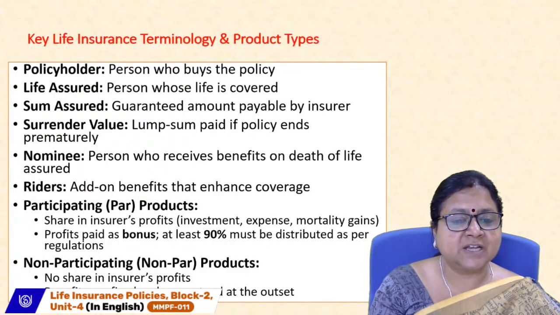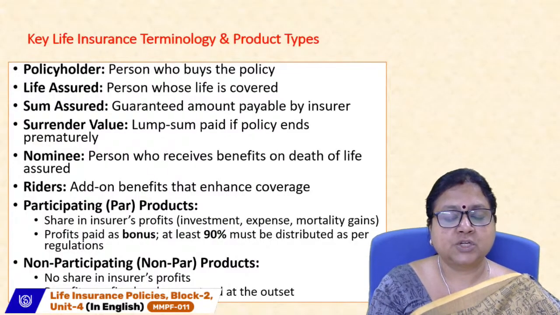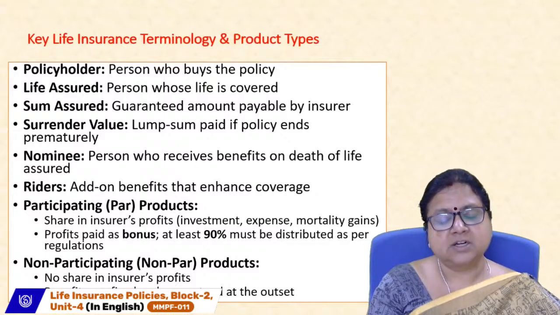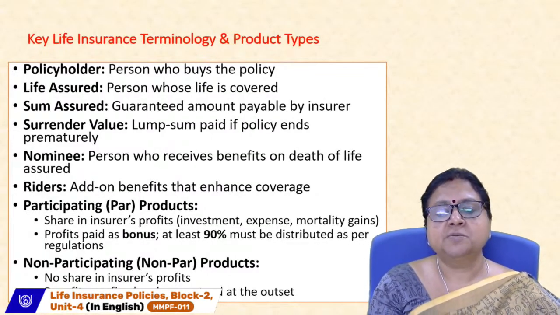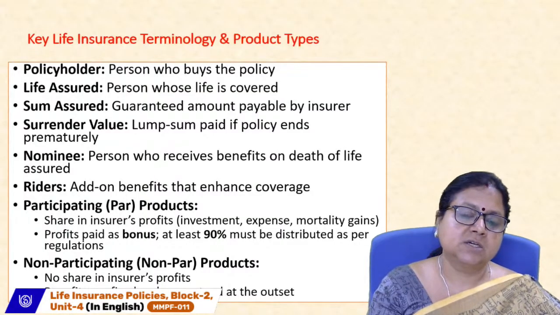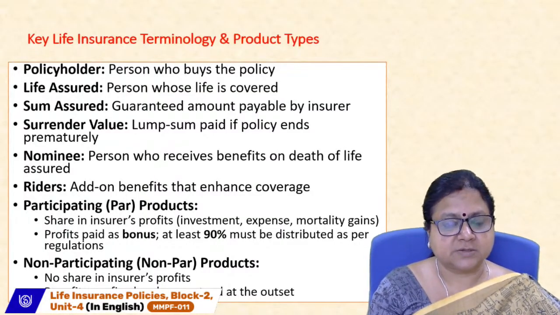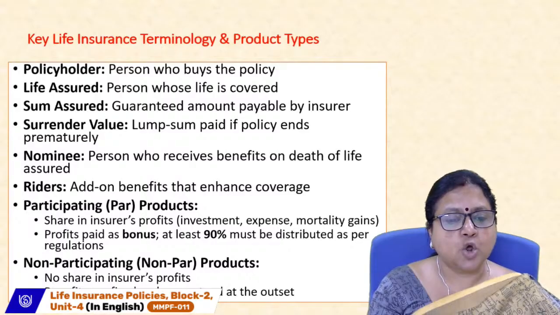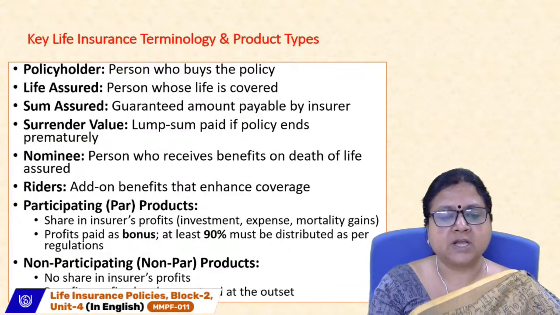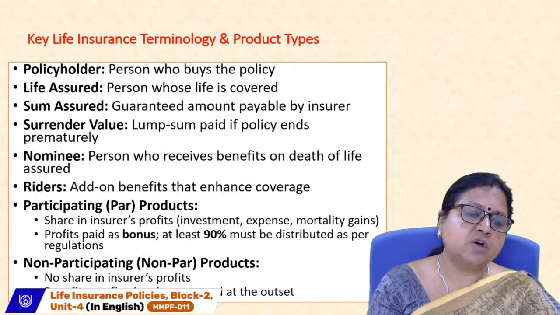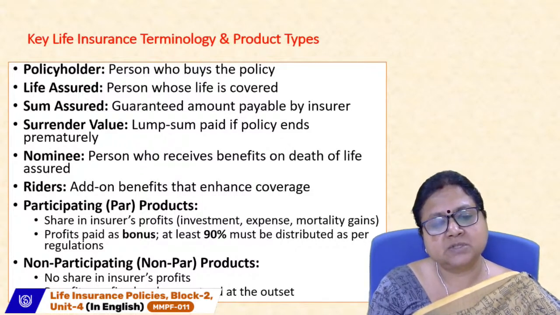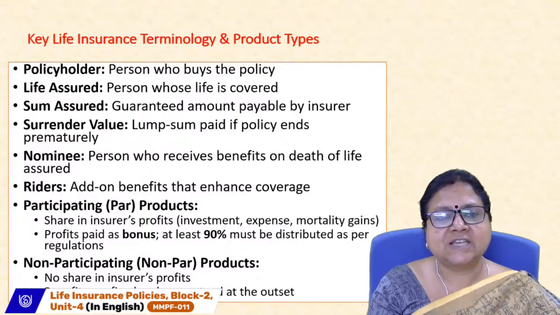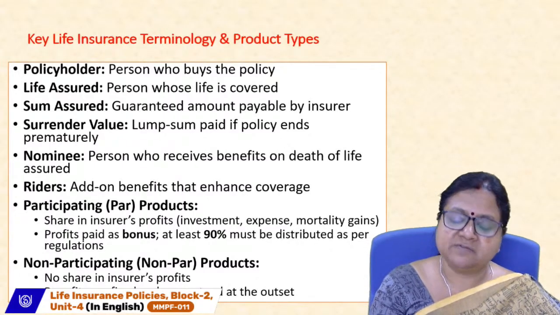So as per the IRDAI regulation, the insurance company can distribute 90% of its profits which is earned by investing in the stock markets. There are non-participating or non-par products where there is no need of sharing any sort of profits, and here the benefit is guaranteed, the sum assured is guaranteed and fixed.